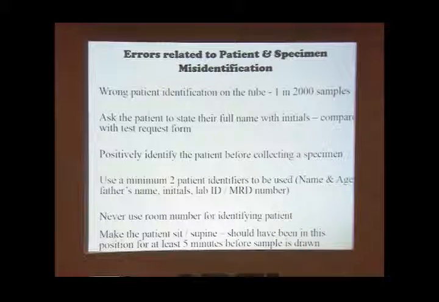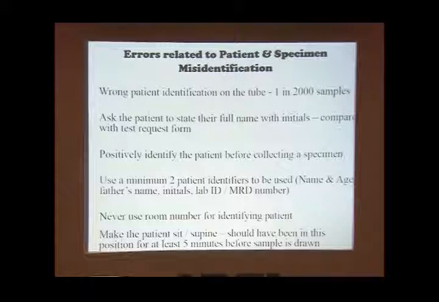So if you look at patient misidentification, if you do your identification of the patients manually, at least 1 in 2,000 samples we make mistakes if you write the hospital number or identification by hand. And normally we all say to ask the patient to state their full name with initials, compare with the test request form, all this we follow.